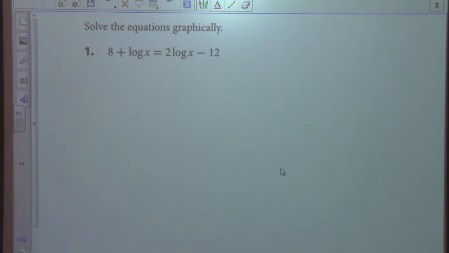So the first set here has to do with solving these equations graphically. What we've done in the past is set up an equation where both sides of the equal sign become a separate equation.